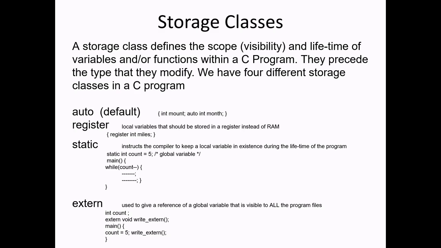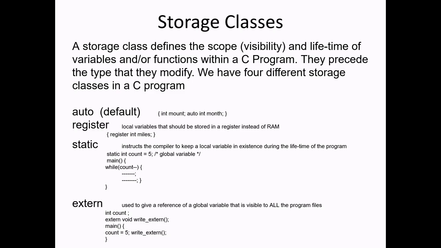What that means is it determines how the memory is allocated and how long until the memory is reclaimed in the program. Like const and unsigned, they go before the type they modify. So what happens is you have the storage class, then any other qualifiers, and then the name of the data type.